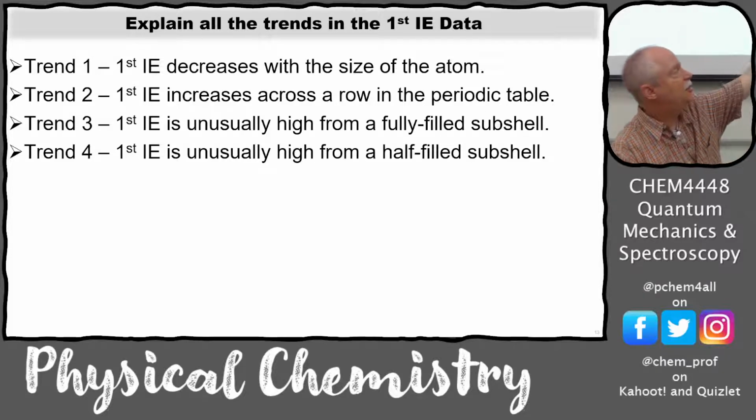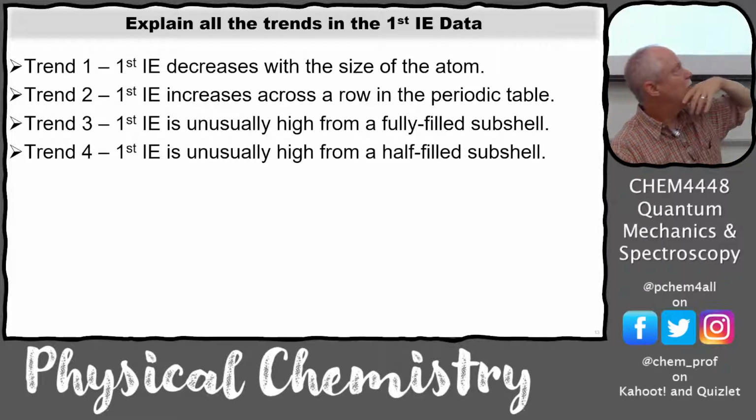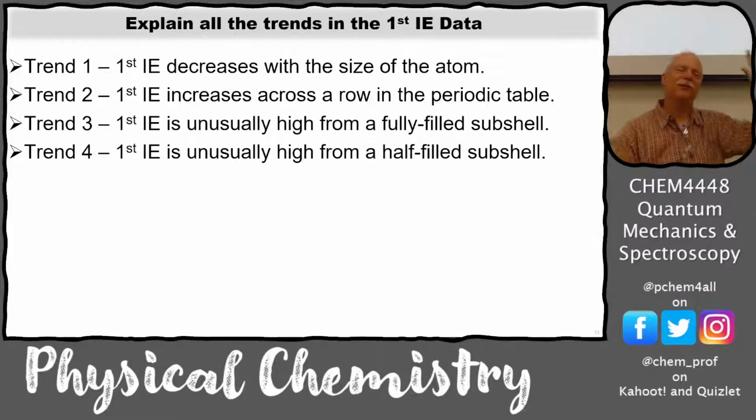Nitrogen. Yeah, so the nitrogen group is a half-filled p subshell. So this is saying that every element under nitrogen ought to have a little higher ionization energy. What about the d group? Manganese, yeah. And then the s group, really the alkali metals. This is 2 in that group, so the first one's half filled.